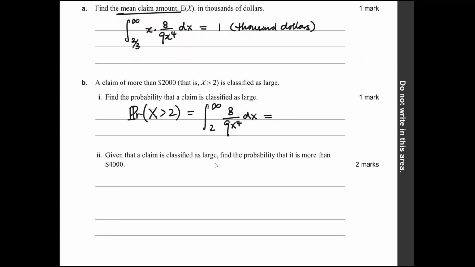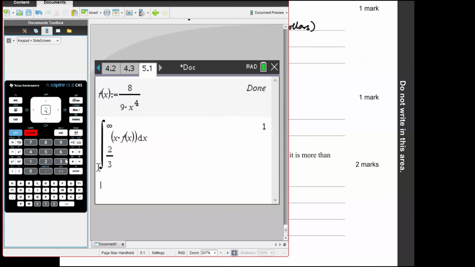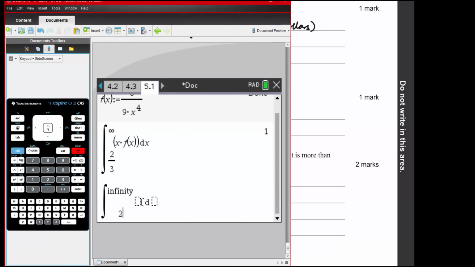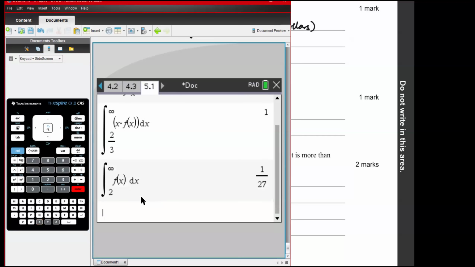And you have to use infinity as the upper bound. Bear with me, not 2 on 3. Well, my brain is not working very well, especially working very late. f of x dx, 1 over 27. This should be correct, 1 over 27.